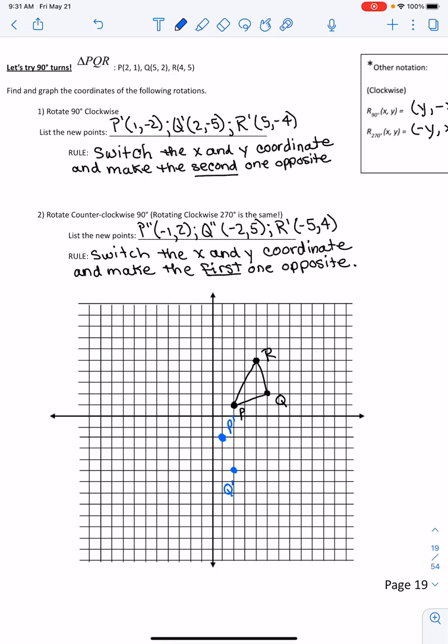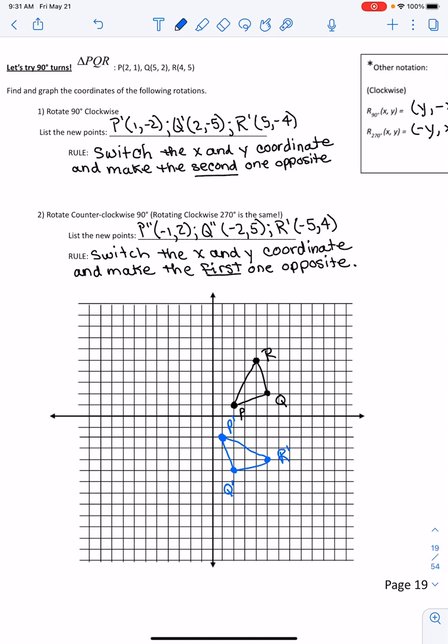And R prime would be 5, negative 4. So now let me draw that. And again, I'm sorry I don't have a ruler.